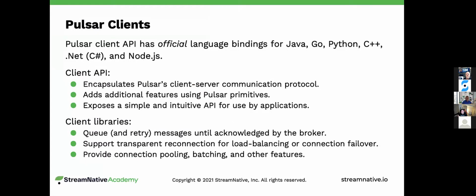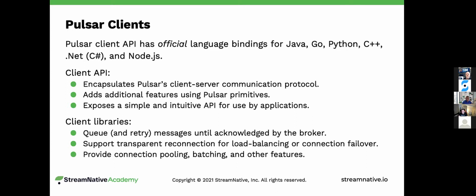Currently, the Pulsar client API has official language bindings and support for different languages, Java, Go, Python, and others. There are also some experimental or non-officially supported ones for multiple languages as well. But in general, the client API, regardless of which language you're using, provides these features, right?